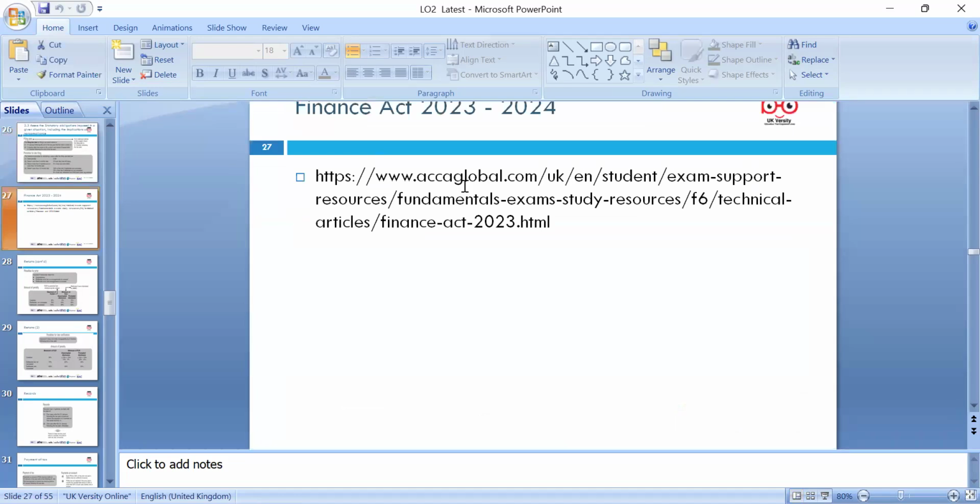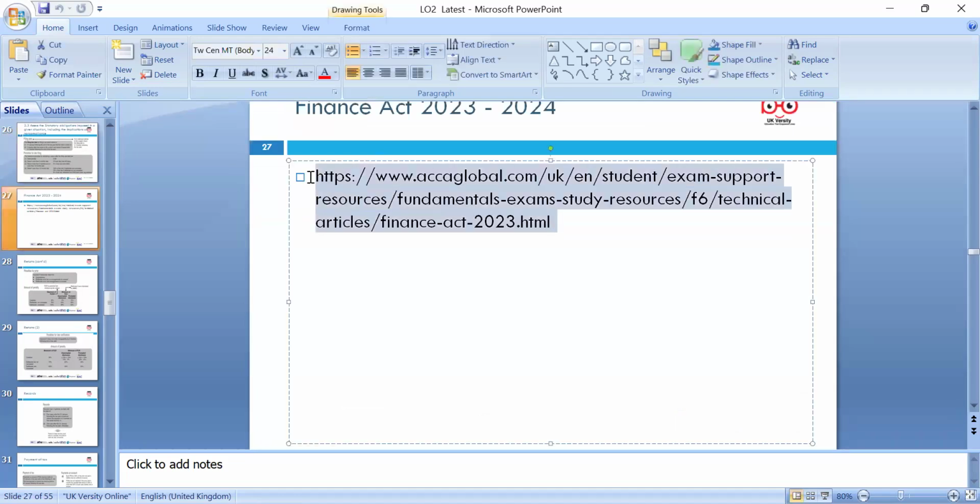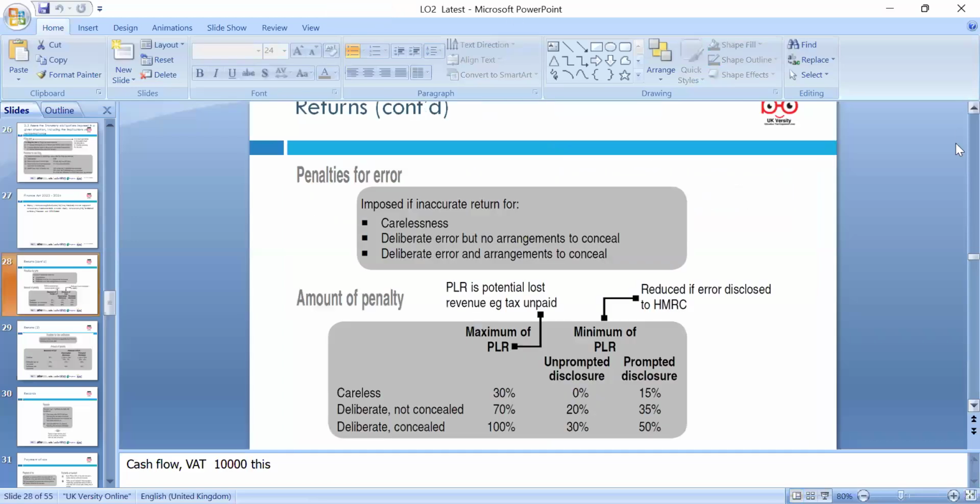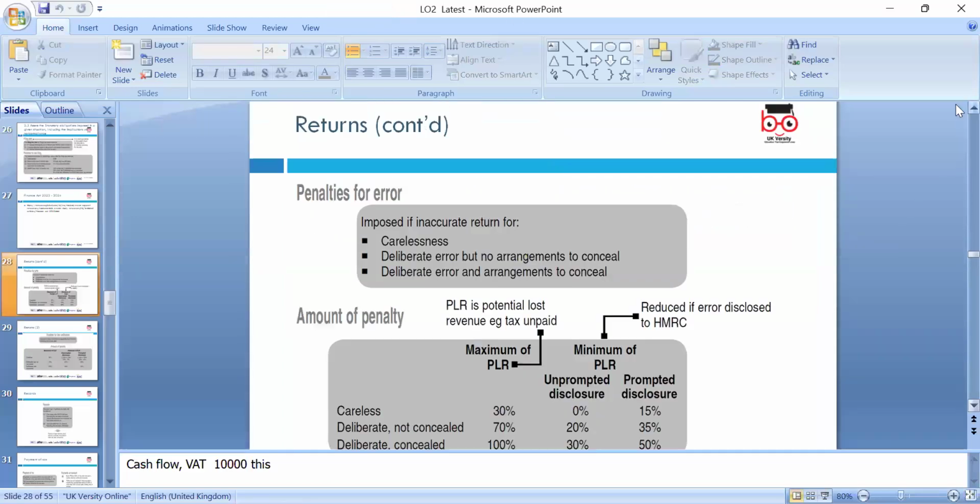We've been given the Finance Act here, so we can apply that Finance Act and look for examples. So penalties: if the errors are careless, deliberate but no arrangement to conceal, or deliberate with arrangement to conceal.